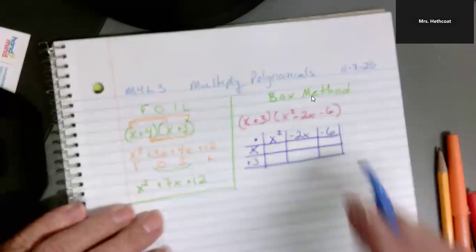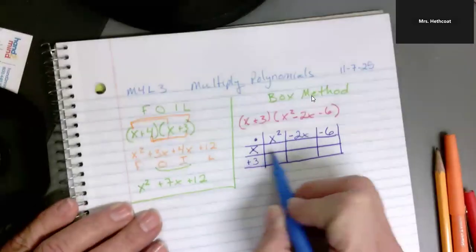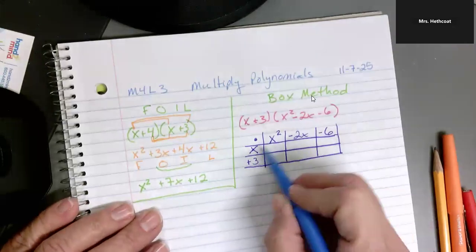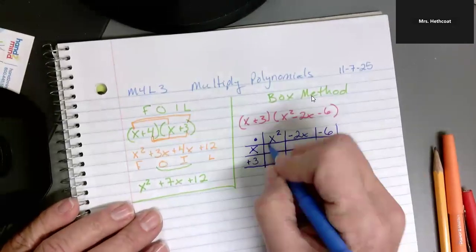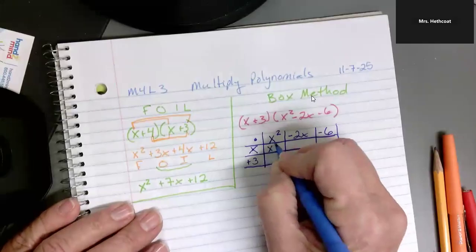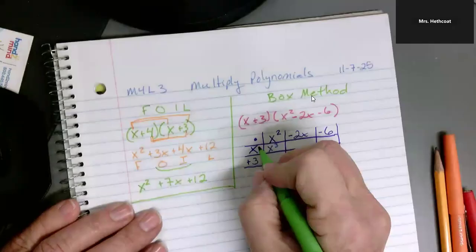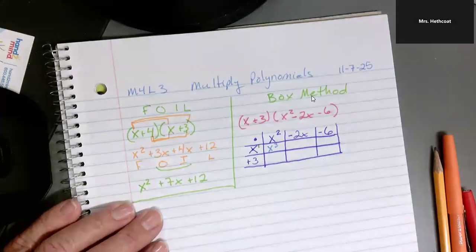All right, so then we just start multiplying across the table, across the boxes. So x times x squared is going to give us x cubed. If you're not sure why, then let me remind you that this x has an invisible exponent of 1.